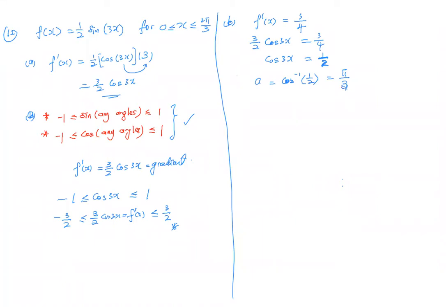Is it pi/3? Am I right, class? So pi/3. So now cos 3x is positive. So therefore 3x is in first and fourth quadrant, right?